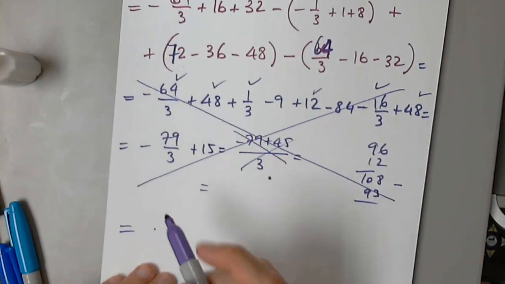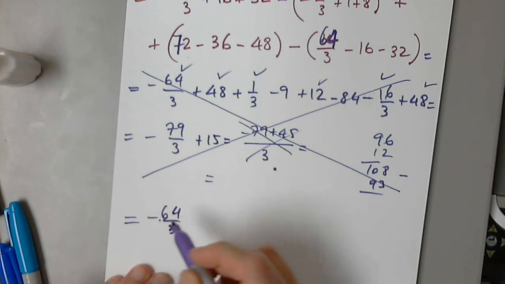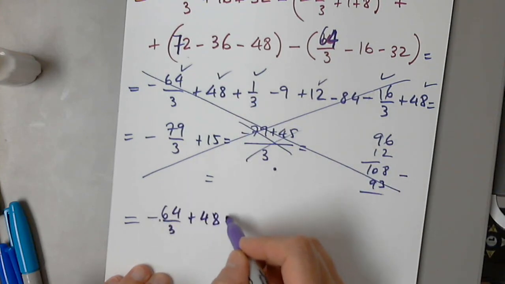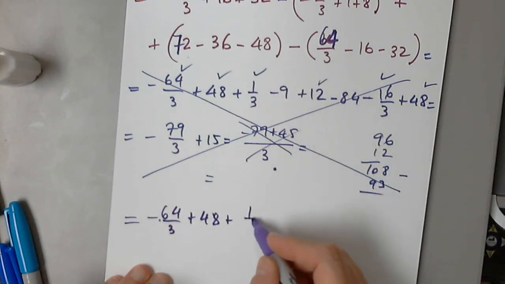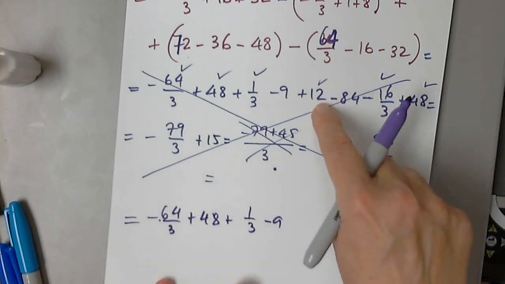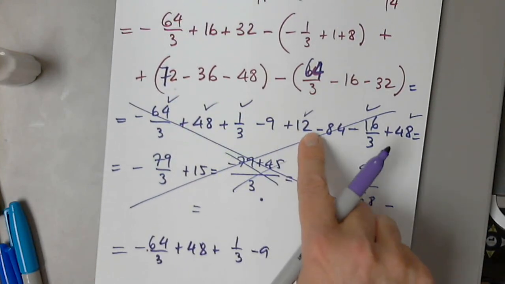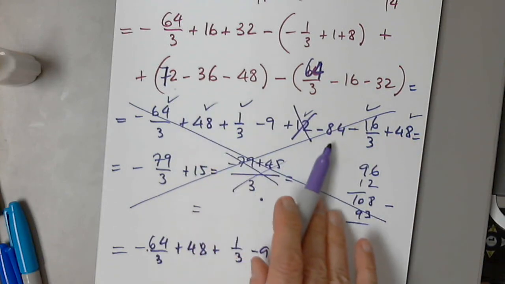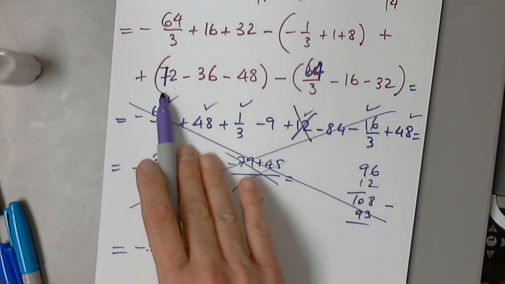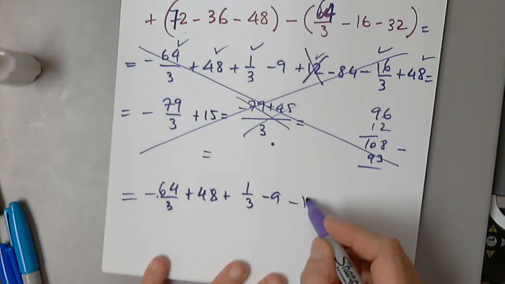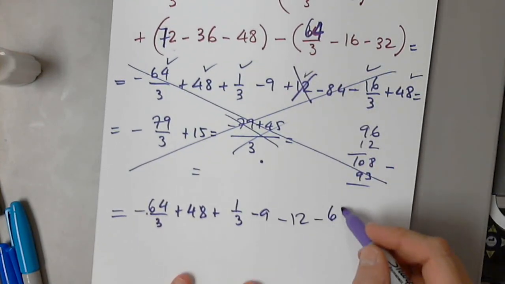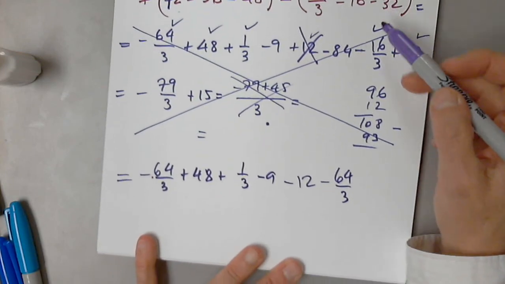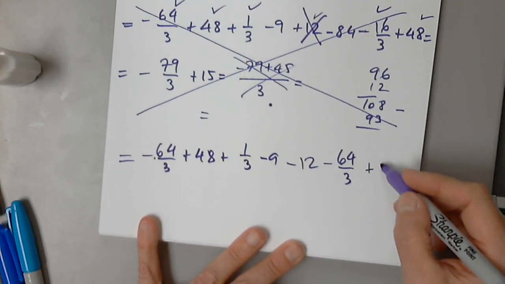So I have to rewrite negative 64 over 3. That was correct. The 48 is correct. The 130 is correct. The negative 9 is correct. Now this is not correct. So this was negative 84 indeed, and plus 72 is minus 12. And now minus 64 divided by 3, and that is correct, but plus 48.